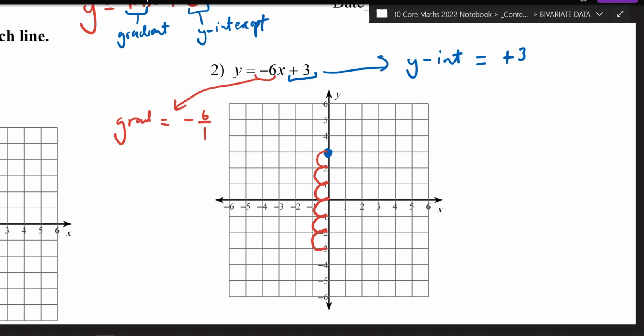And then 1, always go to the right. So 1 across to the right there. So that means your other point is right there. I've got my 2 points, and all I need to do now is join the dots to make a line. Okay, and that's it. There's your graph. You're done. And that's all you need to do when you're drawing lines like this.